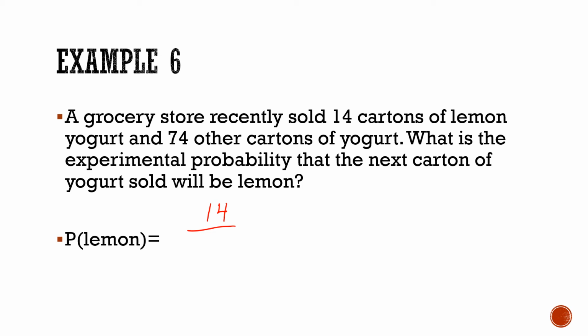So to know what the total number of cartons is, we're going to have to add those together. So 74 and 14 makes 88. And then we'll simplify. So 2 will go into 14 7 times, and 2 would go into 88 44 times. So there's a 7/44 chance that the next carton would be lemon.